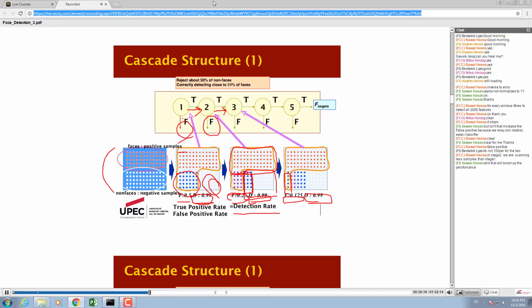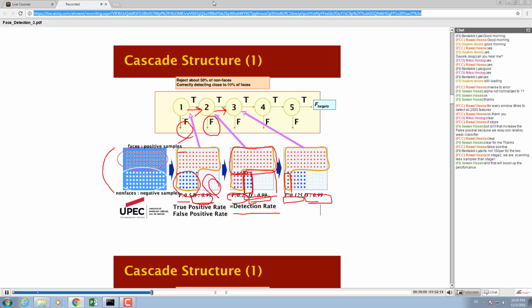In stage 4 we have a lower false positive rate, stage 5 lower, stage 6 lower. So in the final stage, we have the minimum false positive rate, and it can be the final filtering. Yes, exactly. In every stage, 2, 3, 4, 5, as we go down, we will process fewer samples.